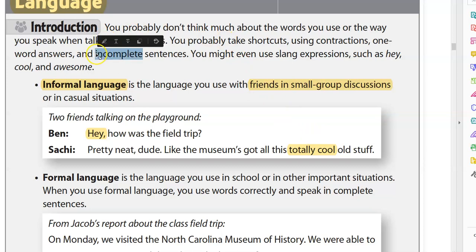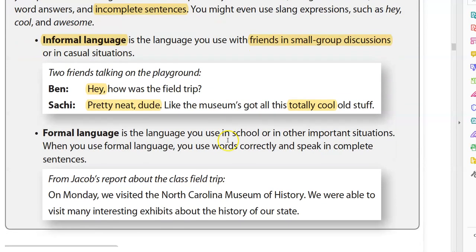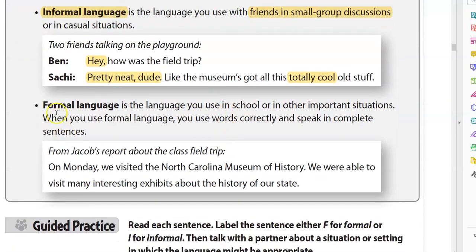Also, we said that informal language may have incomplete sentences. When Ben asks Sachi, how was the field trip? His response was, pretty neat, dude. There we have an incomplete sentence.